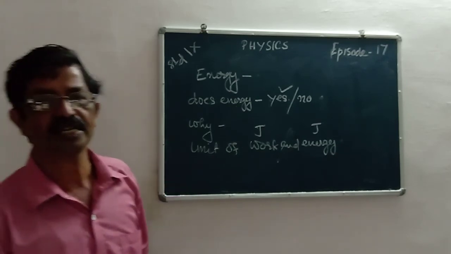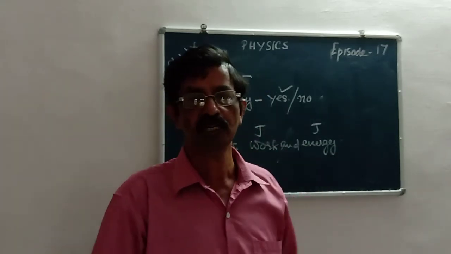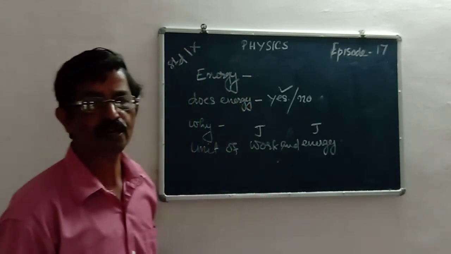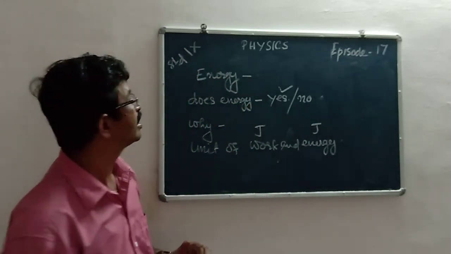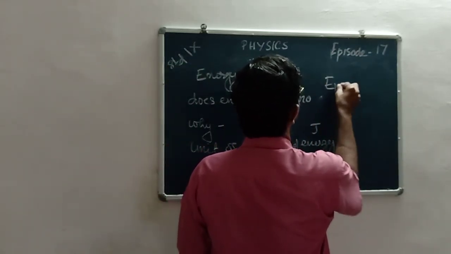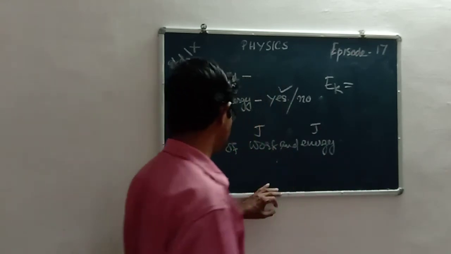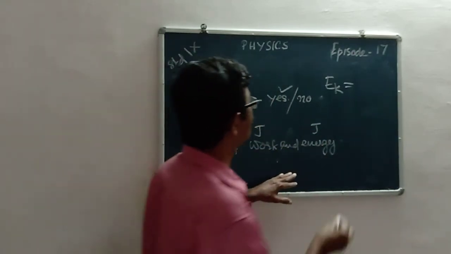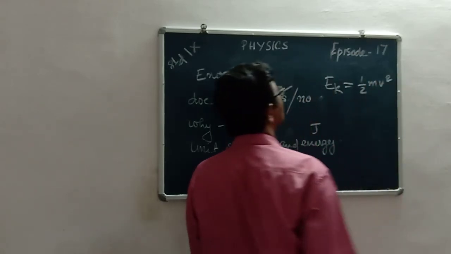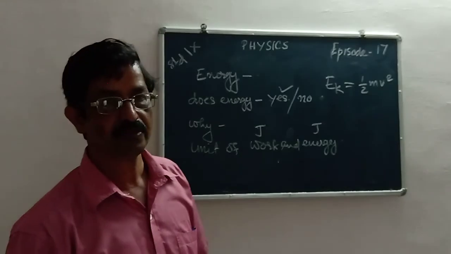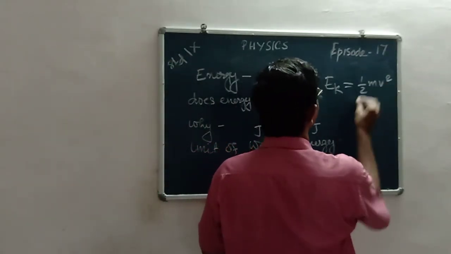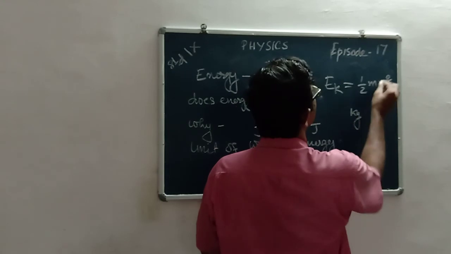Now see, what is the equation we use to calculate kinetic energy? Kinetic energy is equal to half mv square. This is the relation. If you write the unit of this one, what will you get? A unit of mass is kilogram.